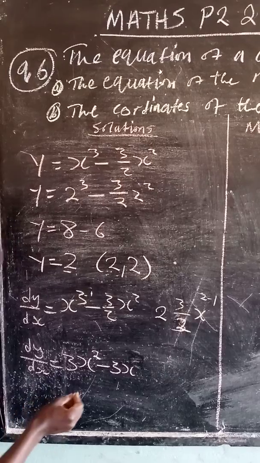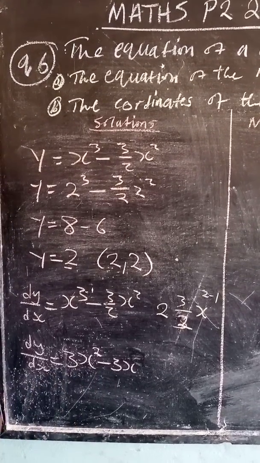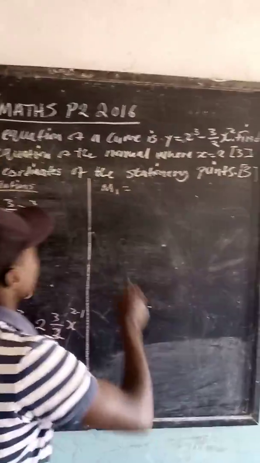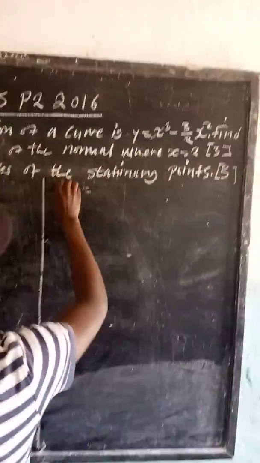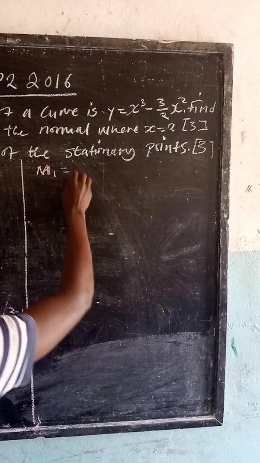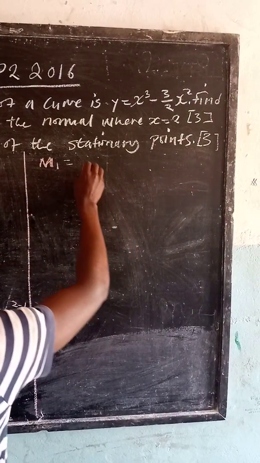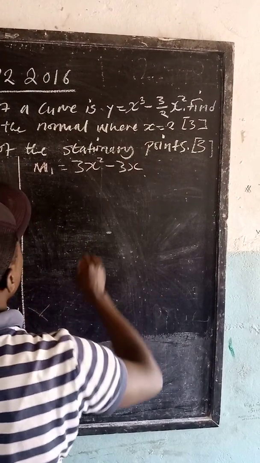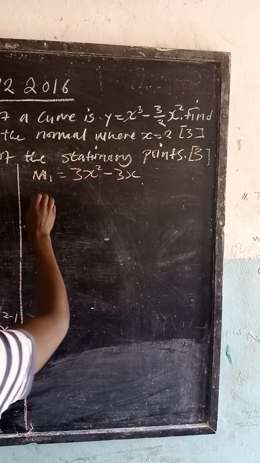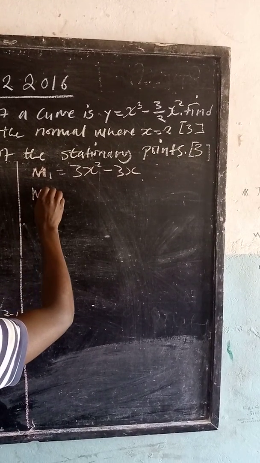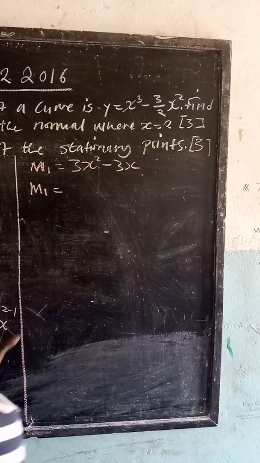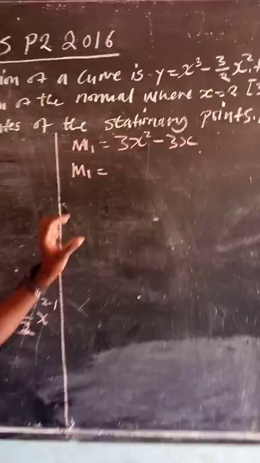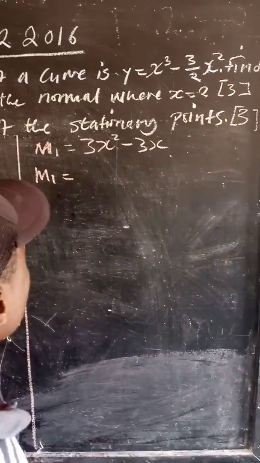Then after we come up with the dy/dx, we can now find the gradient of the tangent. So gradient of the tangent, we can say m1 is equal to the dy/dx that we have there. Then m1 is equal to, where there is x, we again substitute it with the 2.